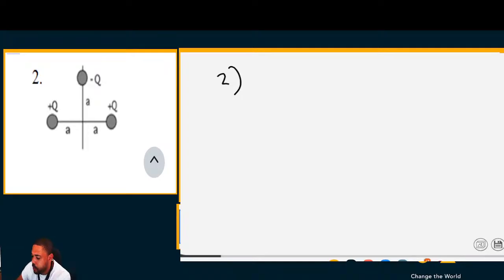So we have three charges now. If we work it out, there are three unique pairings.